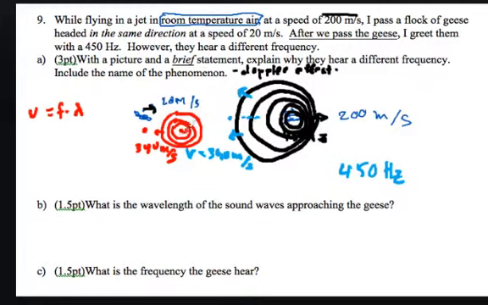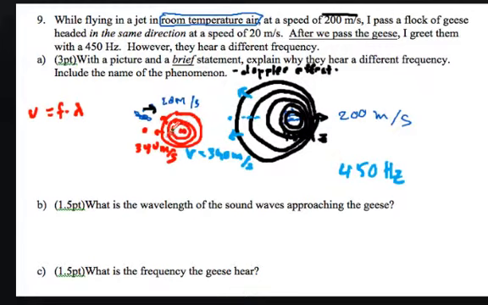Okay, now the plane moves, and so the source of the sound is actually further away. Even though the sound waves continue to move out at 340 meters per second, the wavelength in effect is stretched out over here.